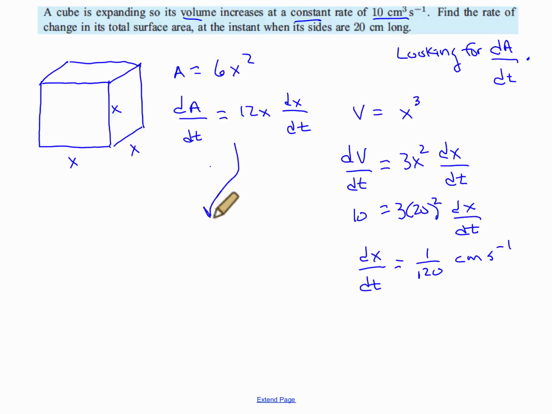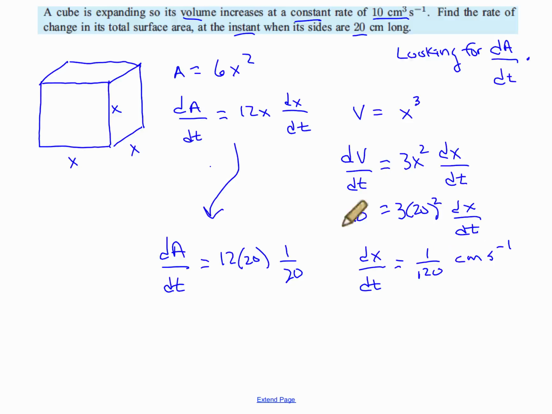I'm just going to bring this formula down now, and so I am solving for dA/dt, and dA/dt is going to equal 12. And again, we're looking at the instant when it's 20 centimeters long. So 12 times 20 times 1/120 using substitution.